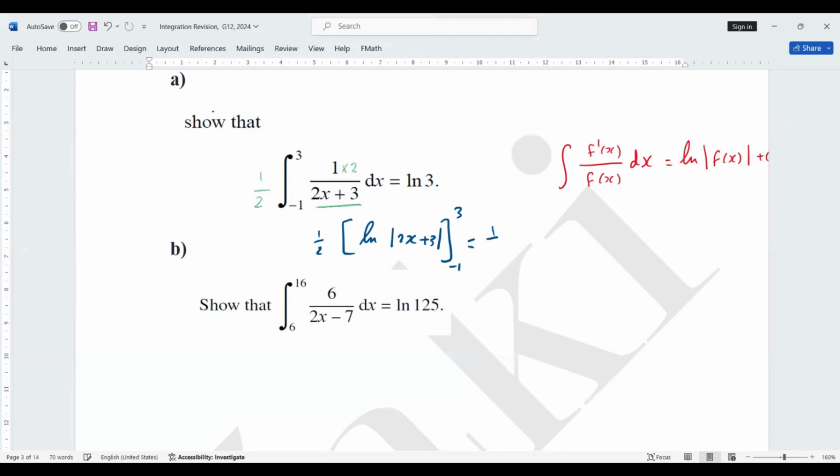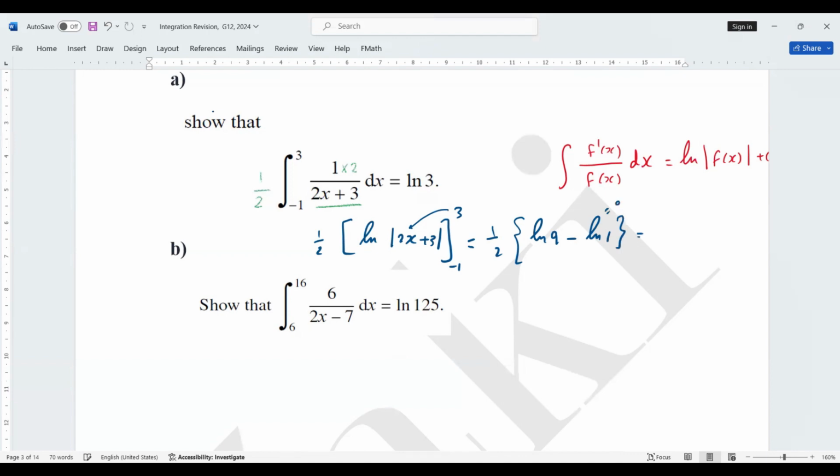Replace x by 3 and replace x by -1 and take care of the half outside. So keep half outside. 2 times 3, 6. 6 plus 3, 9. So it's ln 9 minus ln, replace x by -1. 2 times -1, -2 plus 3, 1. Ln 1 equals 0.